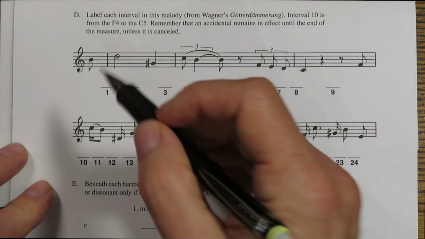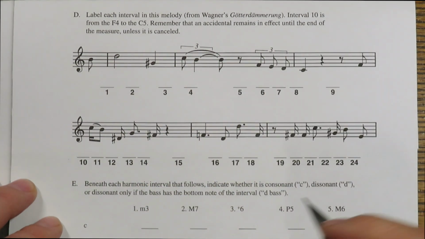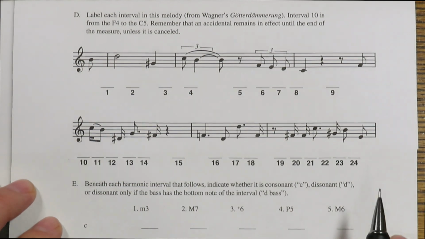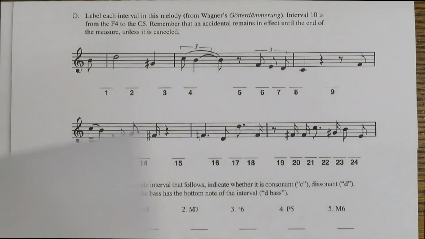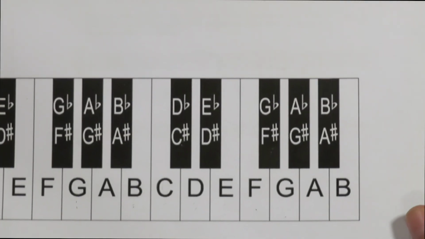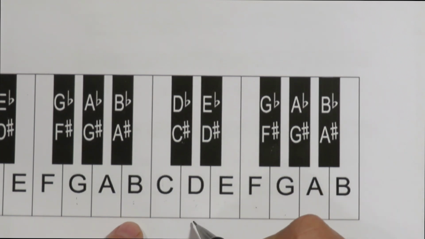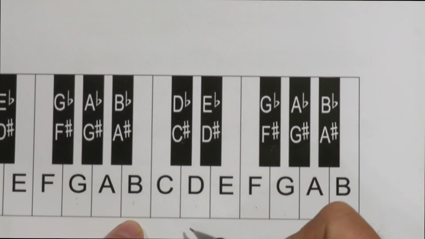Okay, so keeping that in mind, here we go. Our first interval, we have a B to a D. Okay, so we know that's some kind of third. We just need to figure out the quality. Is it major or minor? Okay, so B to D. Well, a major third is part of the major scale, right?